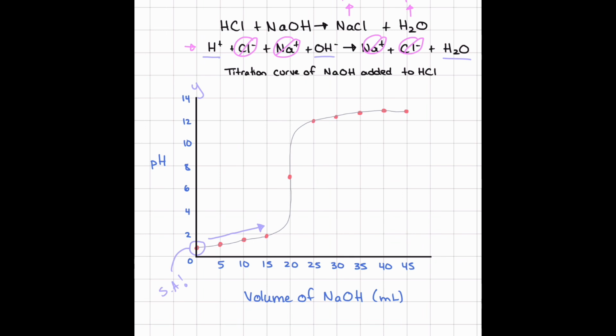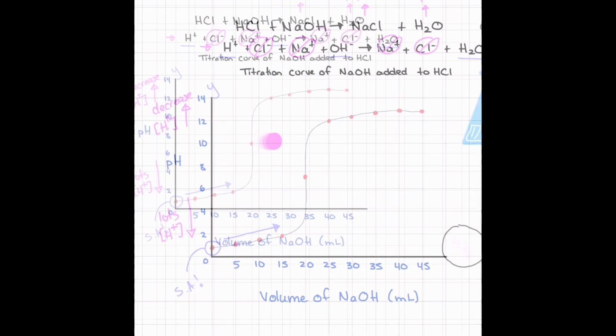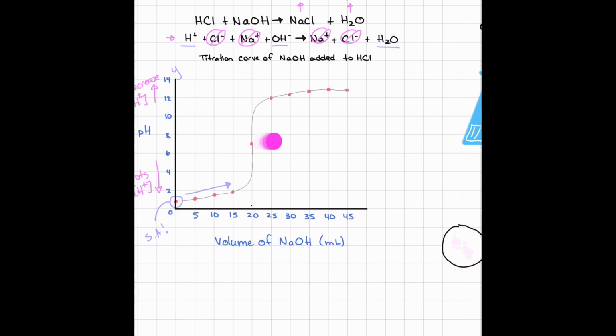That makes sense because if we have a low pH, there should be lots of H+ ions. As we move up the scale, we're going to have a decrease in H+ ions.